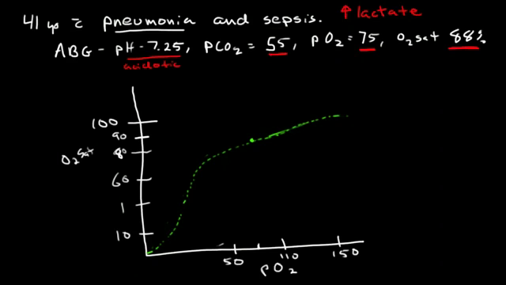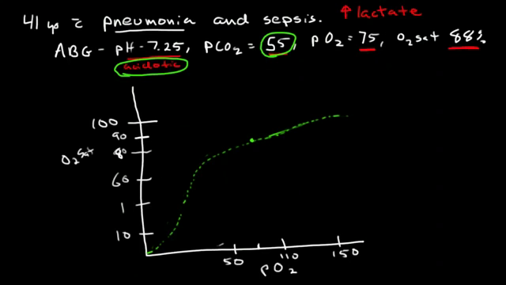Now, this patient is going to have a right-shifted oxygen hemoglobin saturation curve. And how do I know that? Because I know that patients that are acidotic and patients that have hypercarbia are going to have a right shift in their oxygen hemoglobin dissociation curve.